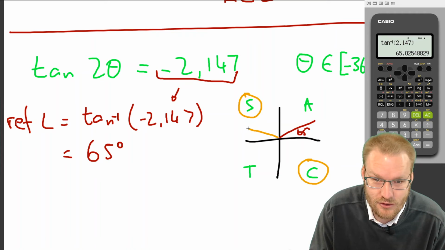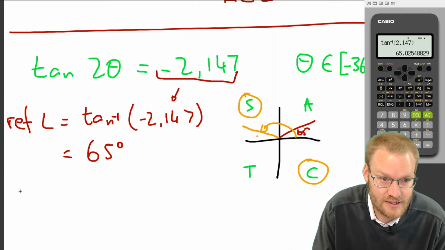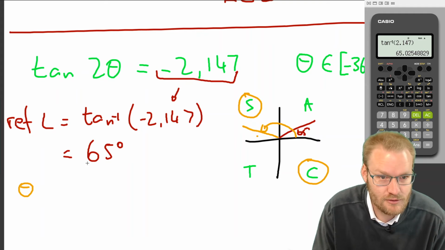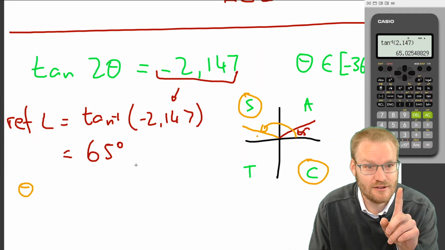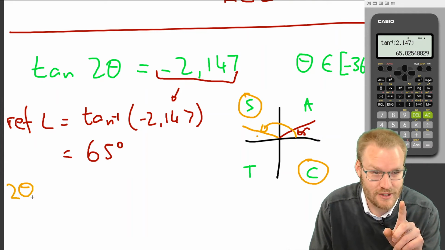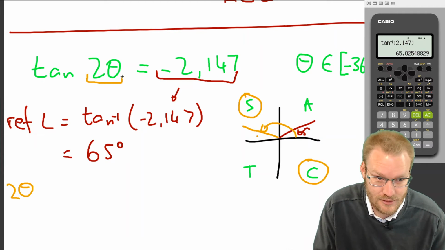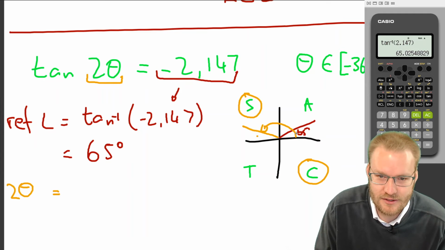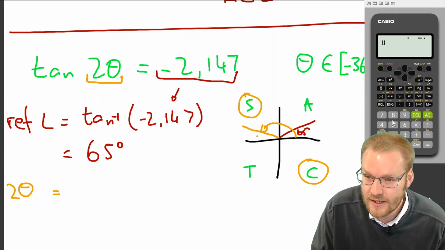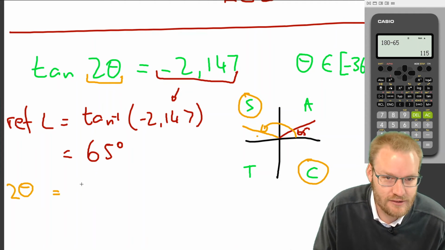So if that's 65, then one option, but wait a second, not theta, 2 theta, because that's what we're dealing with. So 2 theta is 180 minus 65, 115.